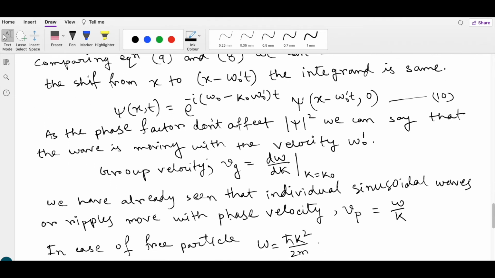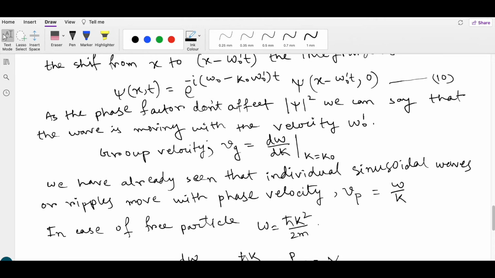As the phase factor doesn't affect psi square, we can say that the wave is moving with the velocity omega naught prime. As you can see, this is a function dependent on x and t as x minus vt.